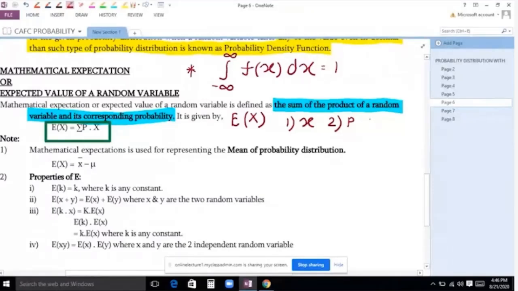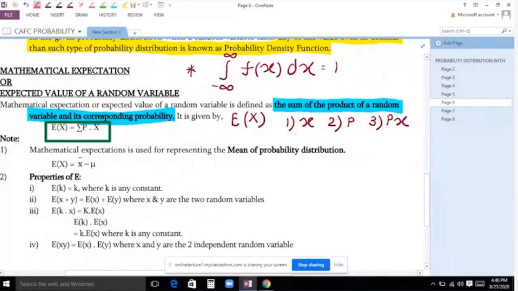We will require one more column, in which it will be P into X. So for solving the sum, we have to construct a table with three columns.